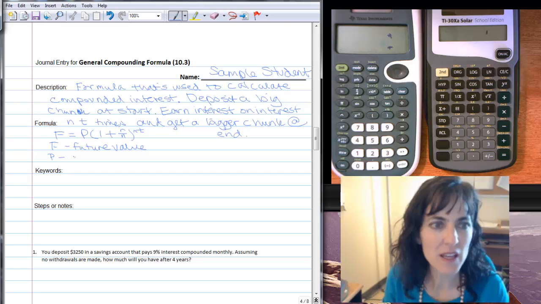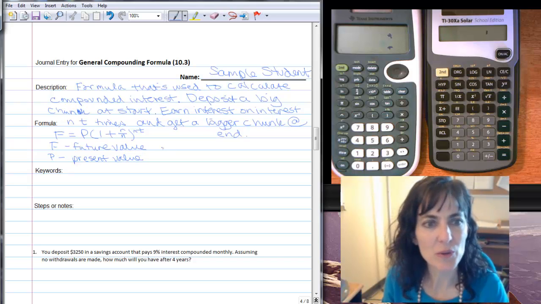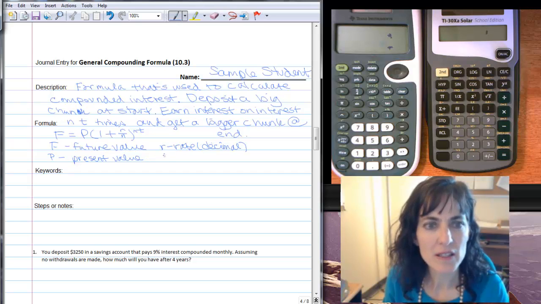The P is the present value, or the starting value, and R is the rate. Remember, you want it in decimal form. T is time in years generally, and N is the number of compoundings per year.